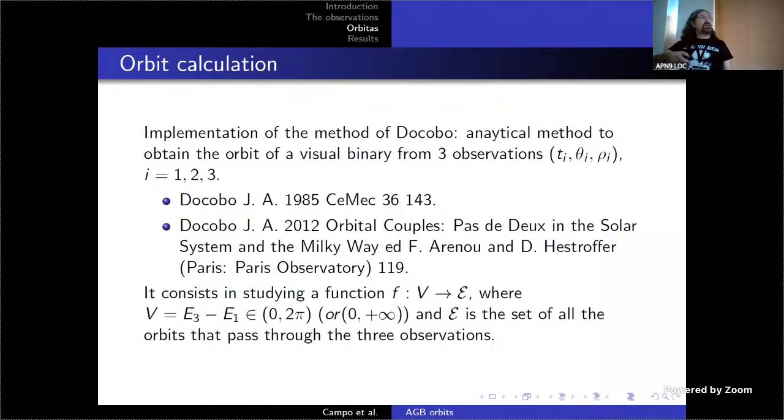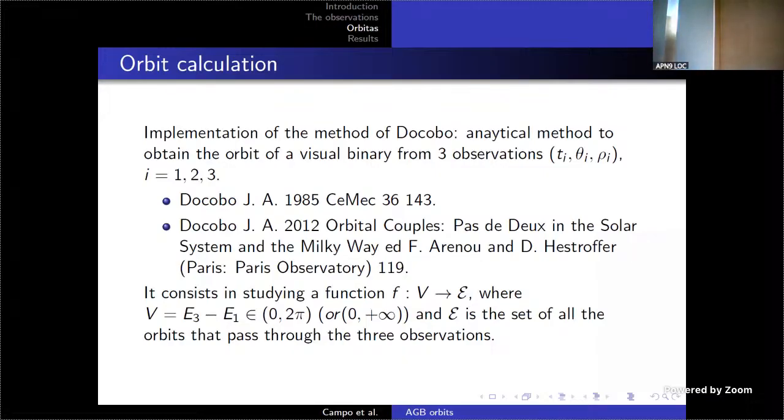This function maps this variable, which is the difference between the eccentric anomalies of the third observation and the first observation, into the set of all the orbits that pass through these three base points. This variable is defined in the interval 0 to pi if the three base points are in the same period, and in the interval 0 to plus infinity if they are in different periods. So what we get with this function is a set of orbits that pass through these points.